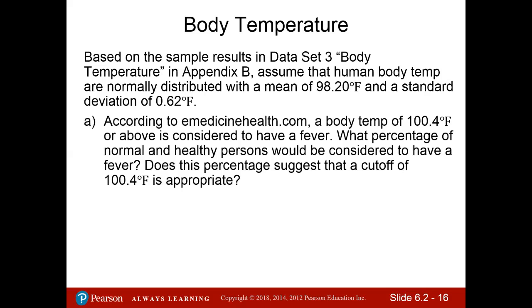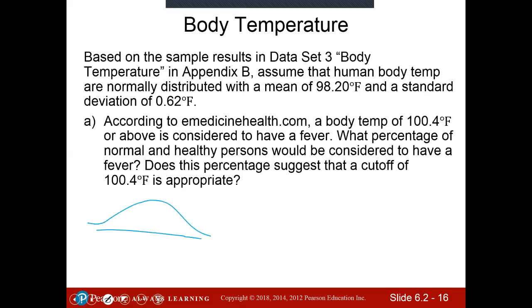What should I do? In this one I'll use a table. First, let me draw my sketch, very important. The mean is 98.2, and you want to find the area above the temperature 100.4. That's what we are looking for.